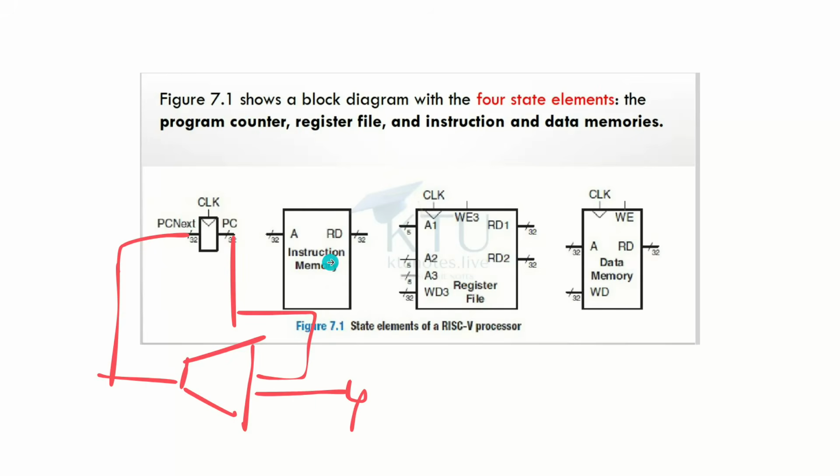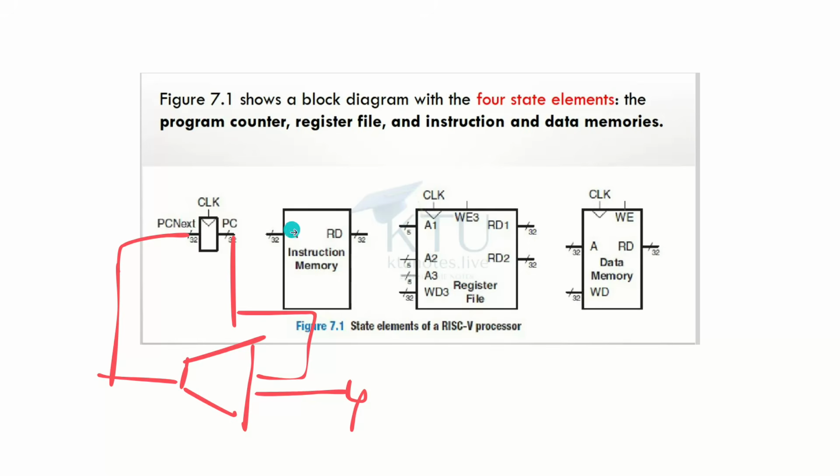So the instruction memory takes the input of this 32-bit address, and the instruction at that address comes out. The PC gives the address of the instruction, that address is passed through the instruction memory, and RD gives whatever is there at that address.